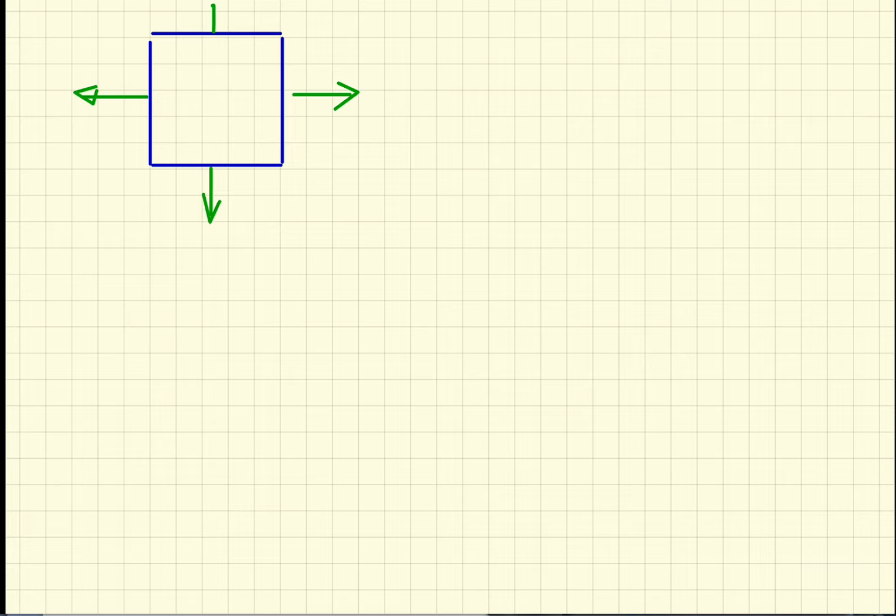So it has two stress components that are normal, and then we have shear components.